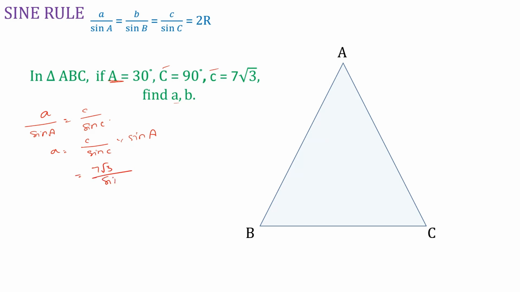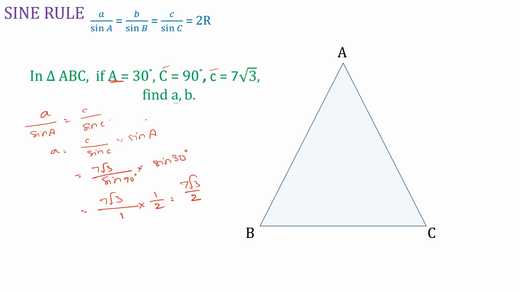Sine C means sine 90 degrees. Sine A means sine 30 degrees. So it is 7 root 3, sine 90 is 1, into sine 30 is 1 by 2. So we'll have 7 root 3 upon 2 as small a.